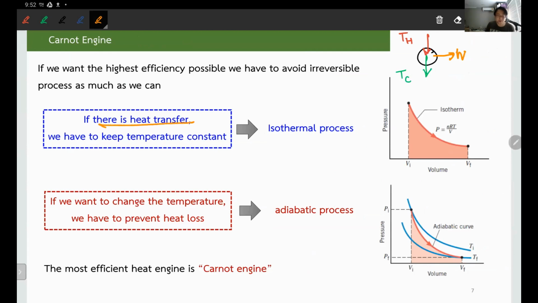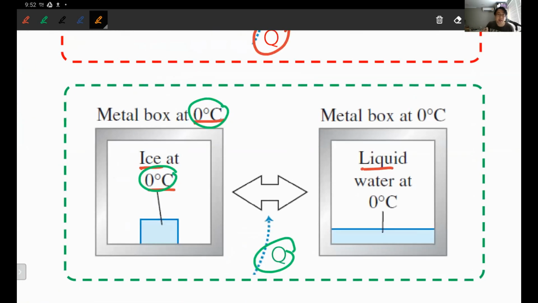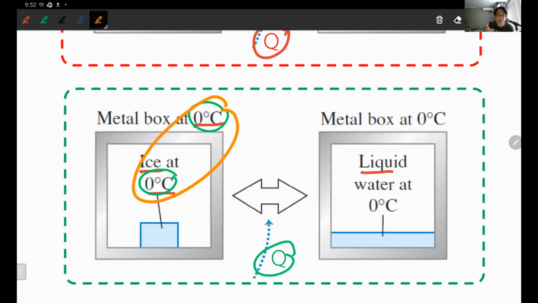If you want to transfer the heat, you want that heat transfer to happen in the lower setup at constant temperature, because you know that the heat transfer in this process is still good heat. You're not losing it.